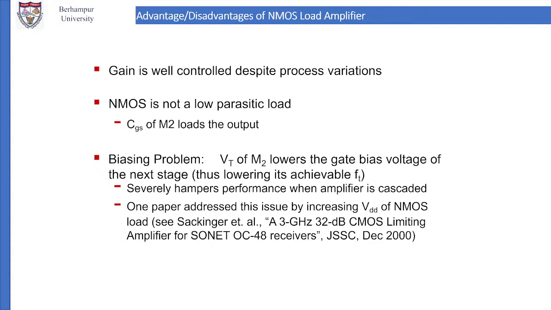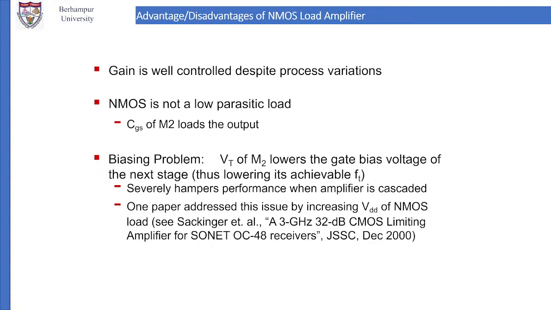First one is the advantage. Then there is a biasing problem. VT of M2 lowers the gate bias voltage of the next stage. So overall lowering is achieved for M2. This severely hampers the performance of the amplifier when the amplifier is designed in cascaded form.